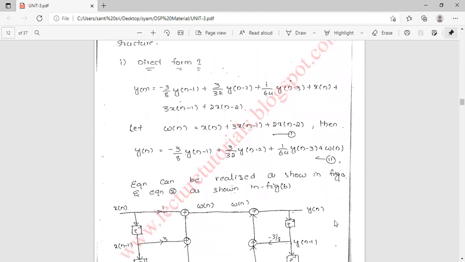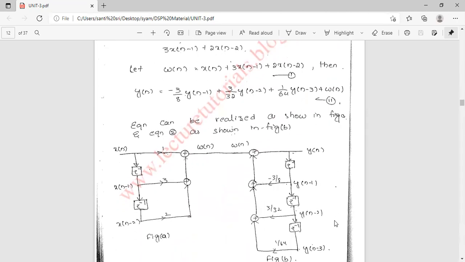So equation number 2 can be realized, you can draw the structure of direct form 1 like this. First, w of n is x of n into 1, so 1 into x of n plus 3 into x of n minus 1 plus 2 into x of n minus 2, all are added.